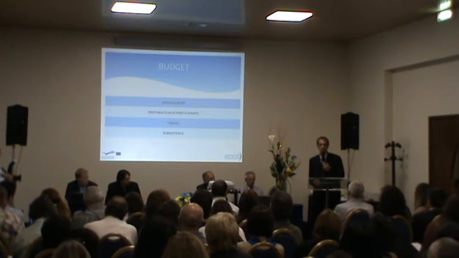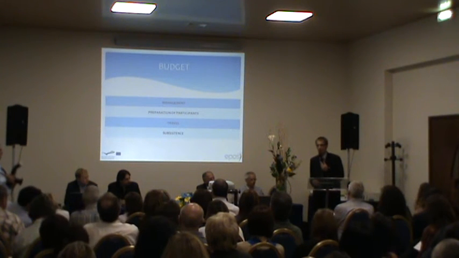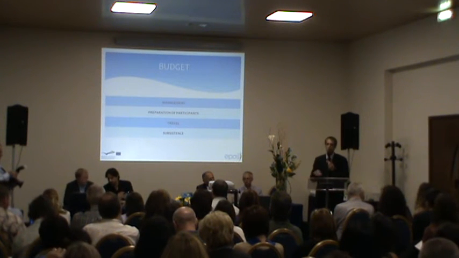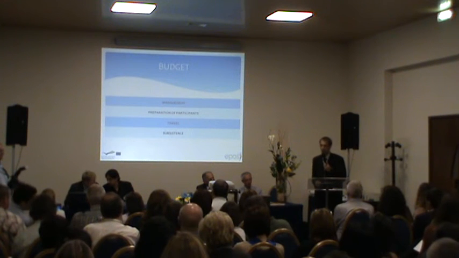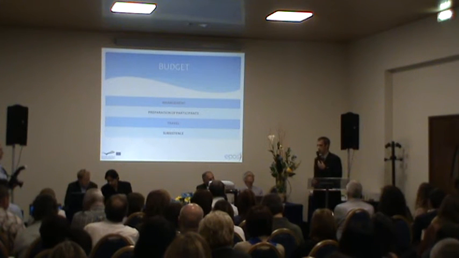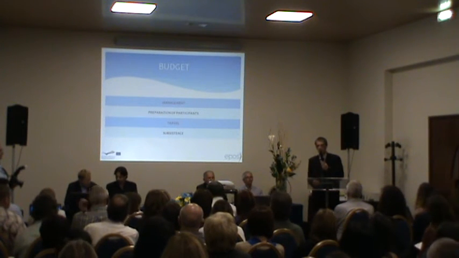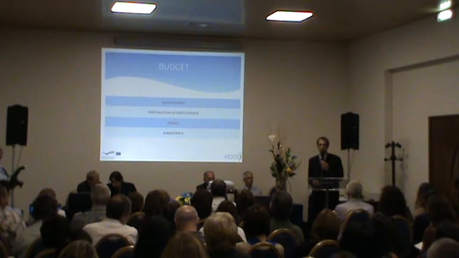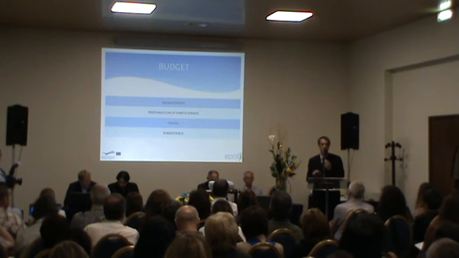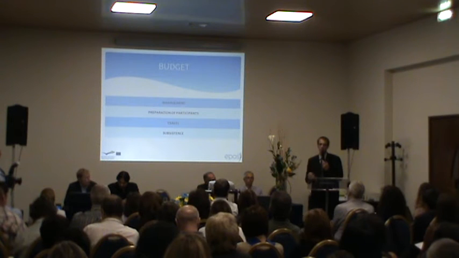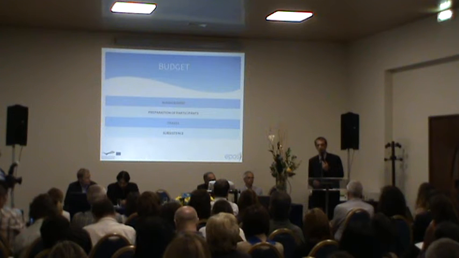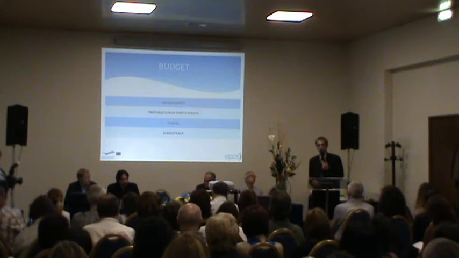The budget, that's also general all over Europe. You can have some money for the organization of your project. You can have some money for the preparation of your selected participants. And then also, of course, you get some money for the subsistence and the travel costs of your participants. How much do you get? That is country specific, because the European Commission has conducted a framework where all the countries have to work in, but there is some flexibility that each country has to fix the amounts of the subsistence rates and so on.